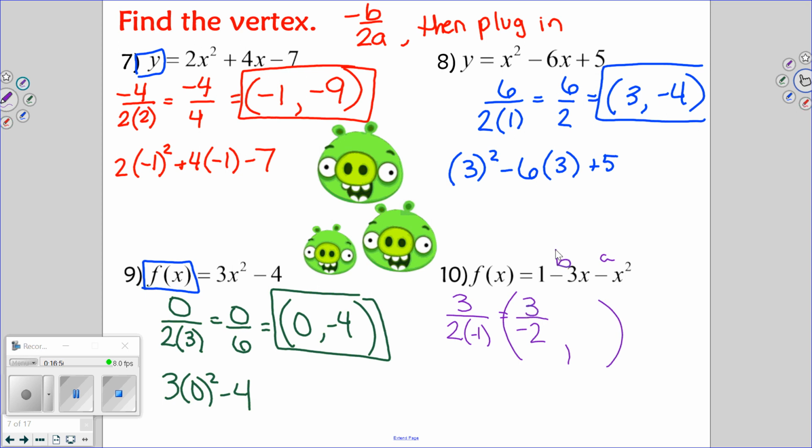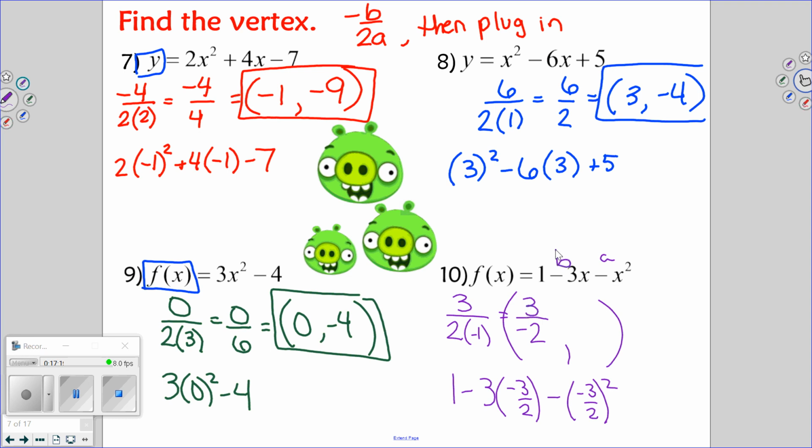So in order to figure out this problem then, we're just going to plug this back into that. So 1 minus 3 times negative 3 over 2 minus negative 3 over 2 squared. Okay, if you rewrote it, totally fine. I'm just being lazy and not rewriting it. So as you're typing this in, be careful.